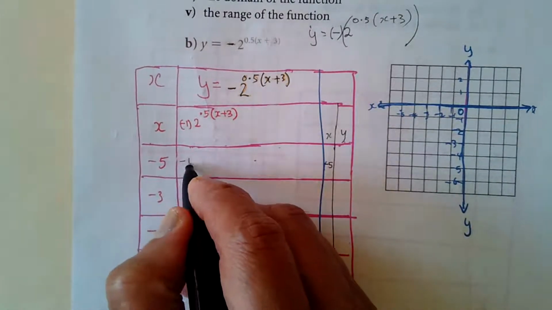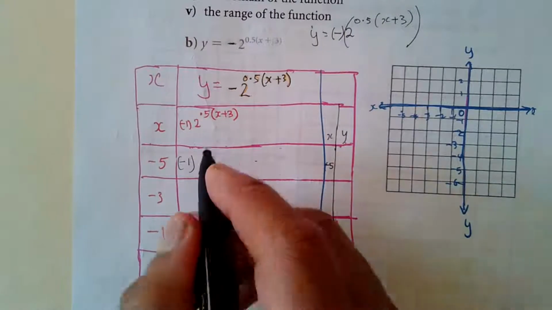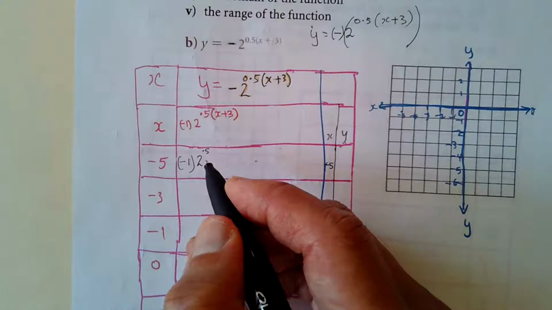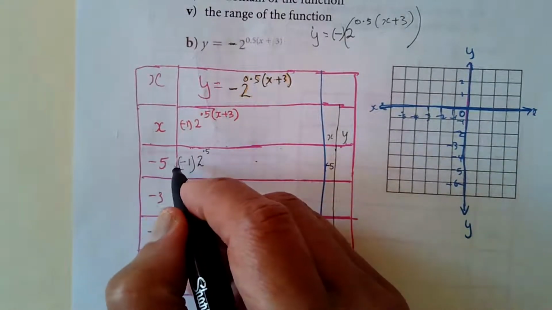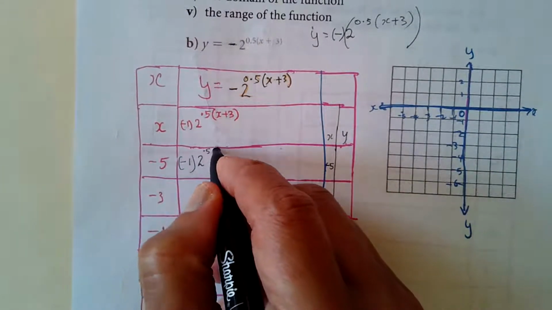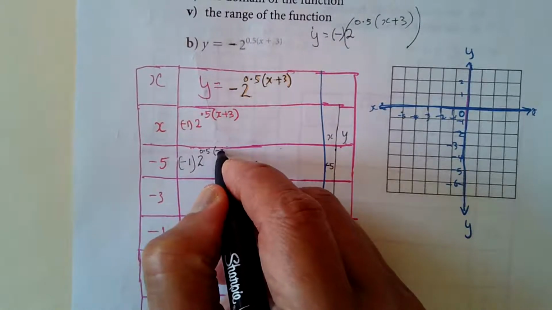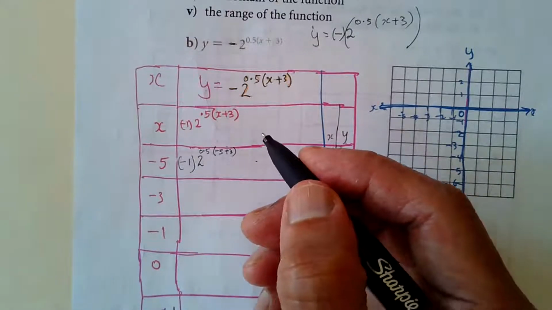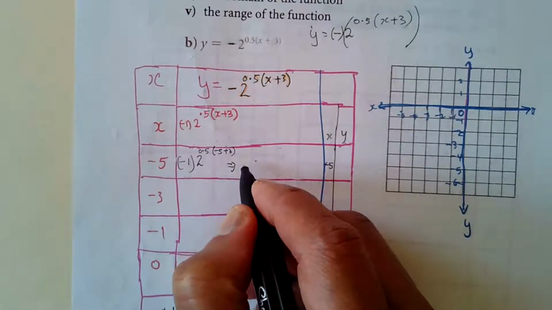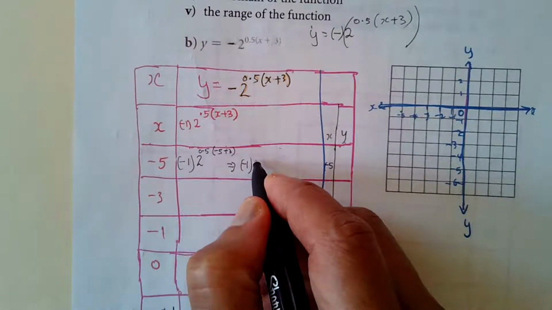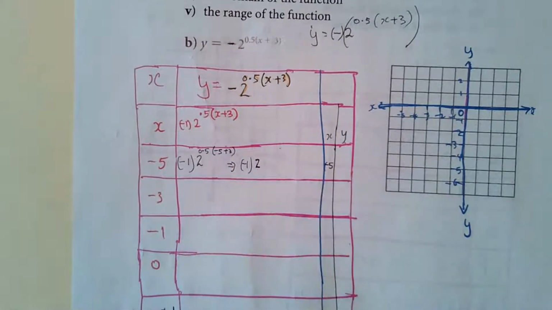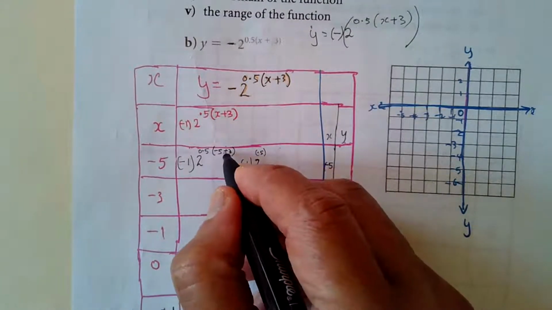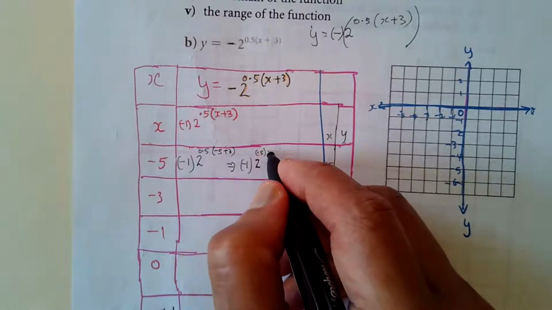So we have -1 times 2 to the power of x plus 3, where x here is -5. So we have -5 plus 3, which is -2.